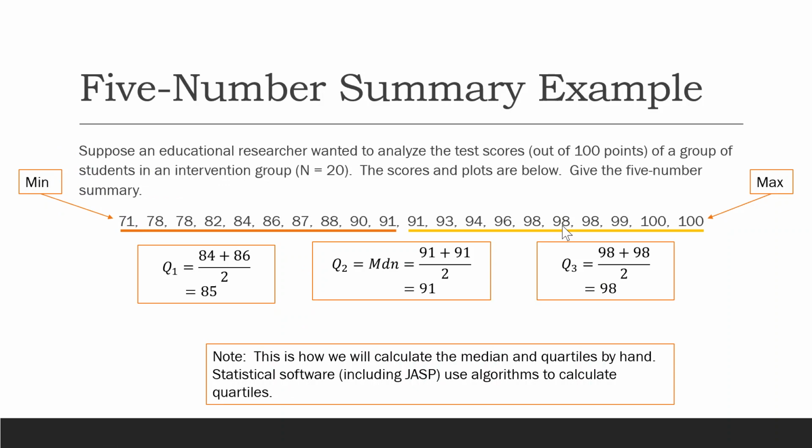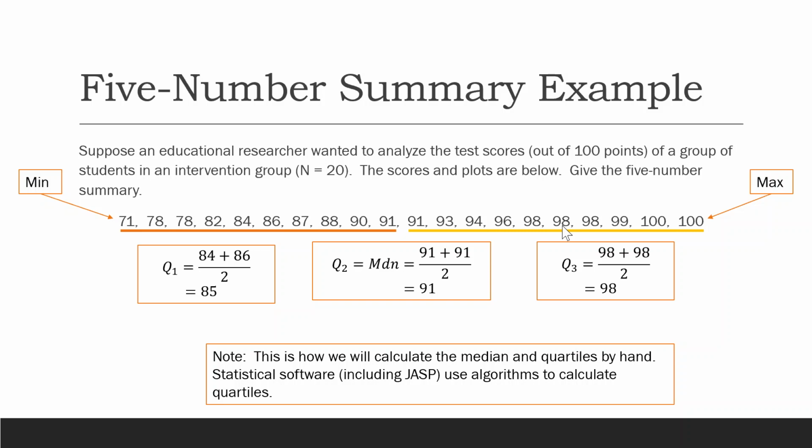There are actually algorithms that different computer software or statistical software use in order to calculate your quartiles and your medians, all right? So if I were to enter this data even in our JASP software, I may get differing values of our median and our quartiles because JASP uses another algorithm. This is the algorithm that we went over on the screen. This is how we're going to do this by hand.